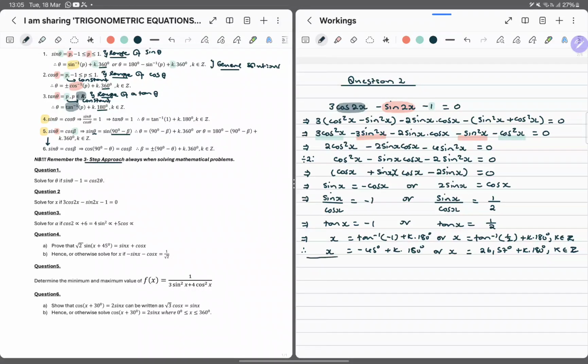Now we didn't have a domain, so we leave it as a general solution, because once we are told to solve and there's no restriction, we need to cater for all solutions.